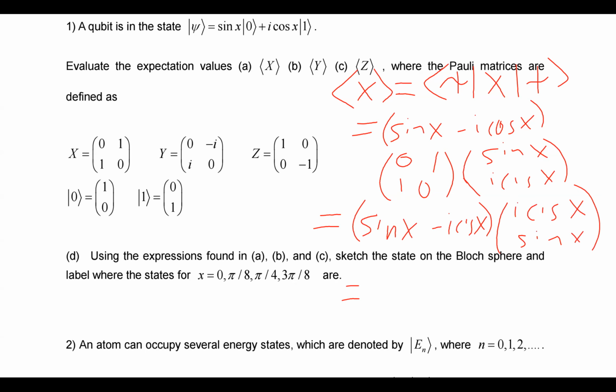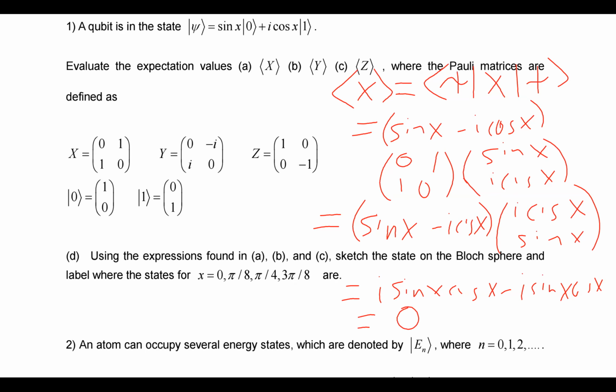And then when you calculate this thing, you're going to have I sine X cos X, and then this one will be minus I sine X cos X. So this one will actually be 0.